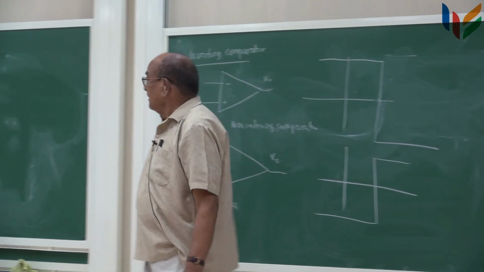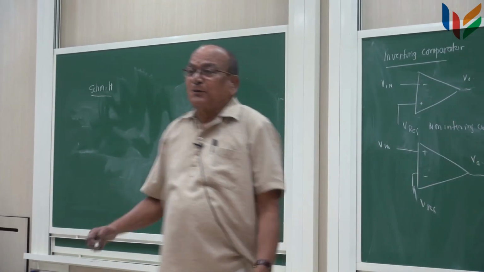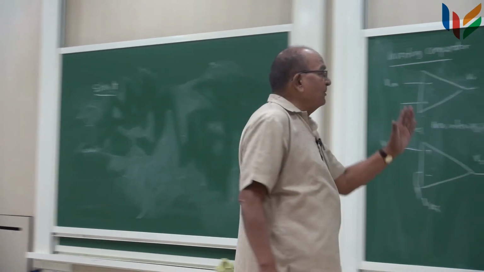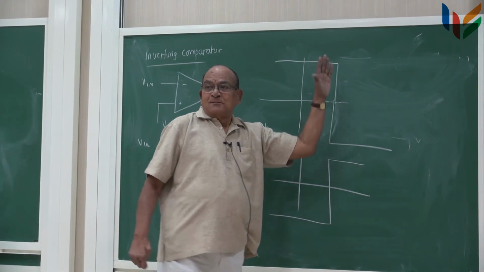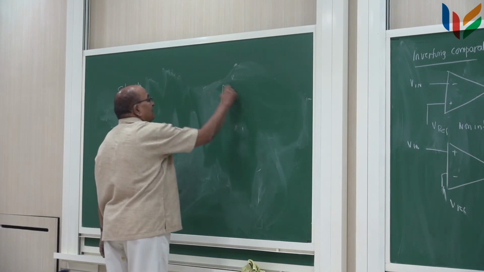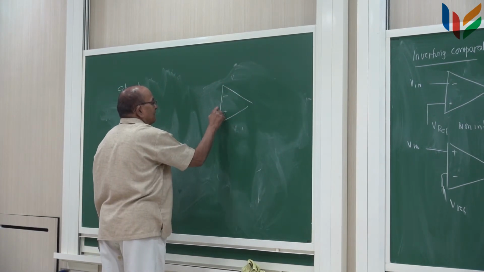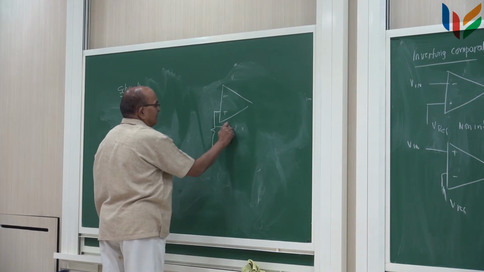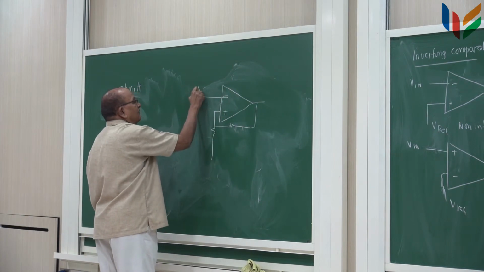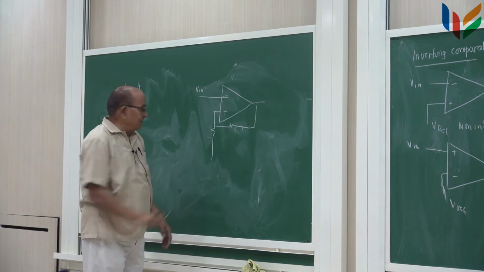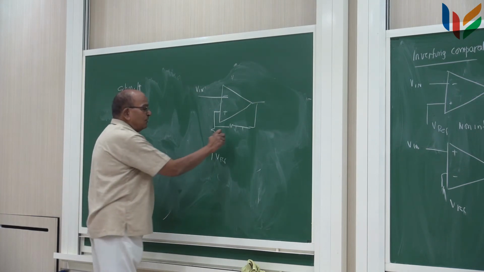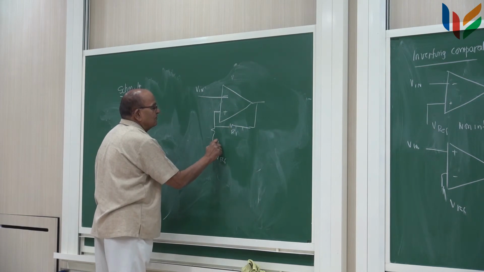So, he thought, why can't I provide a positive feedback to this circuit, so that this will become vertical. So, what he did was to provide a positive feedback, with some values R1 and R2.